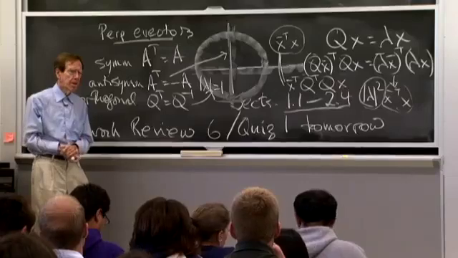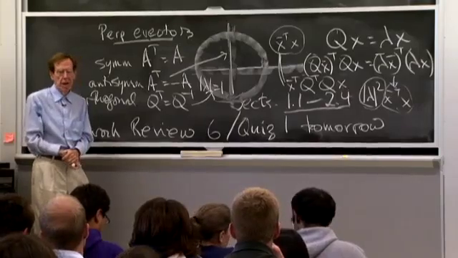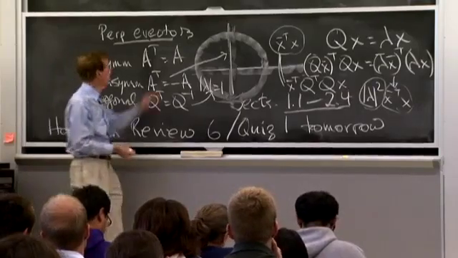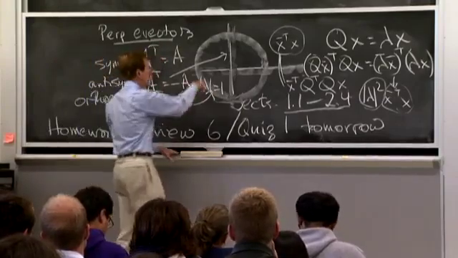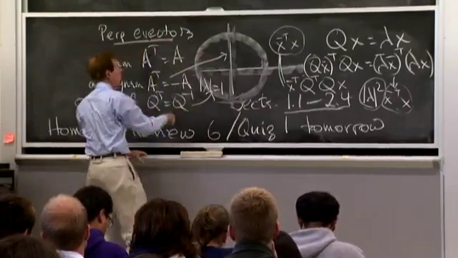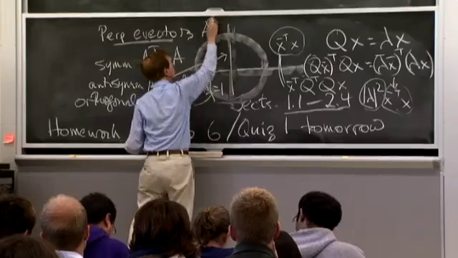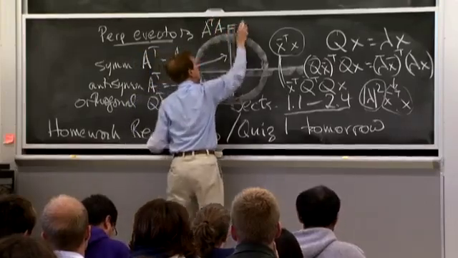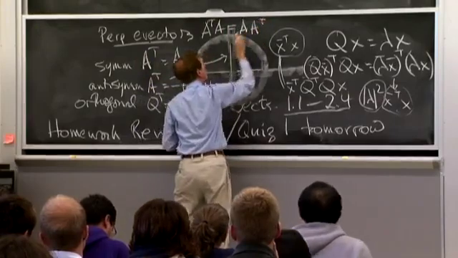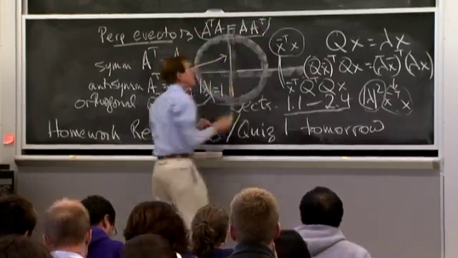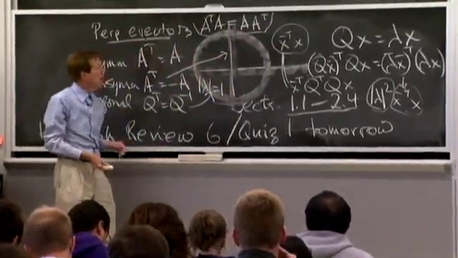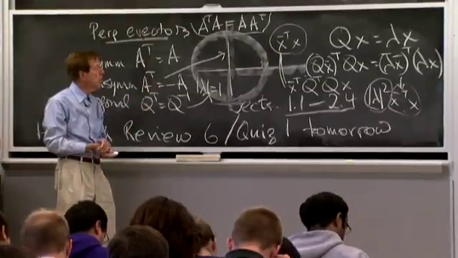Would you like to know that condition? What the heck? Yes, okay. That condition that includes all these is this: A transpose times A equals A times A transpose. That's the test for perpendicular eigenvectors. A transpose commutes with A.